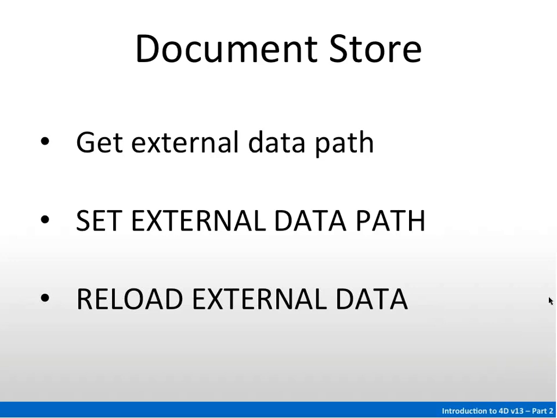If 4D is constantly scanning those files, trying to see if they've been changed or not, that would be really inefficient. So we erred on the side of efficiency here, and we give you a command to notify 4D when things have been changed. And if you think about it, how often does a picture really change? This kind of data is probably going to be somewhat static. If this is data that gets changed all the time, then you should probably leave it in the data file, and then you don't have to worry about it.